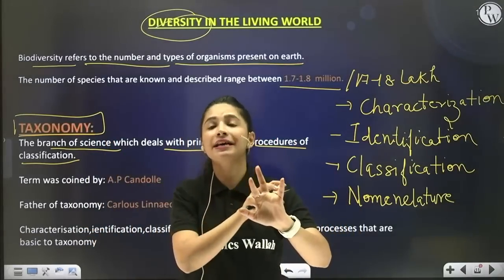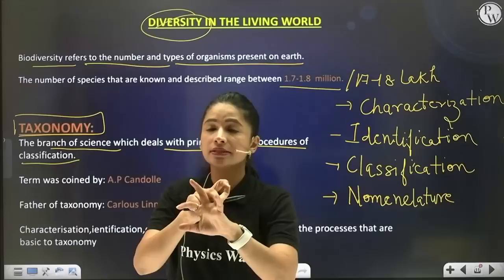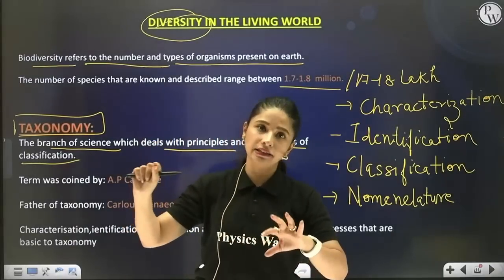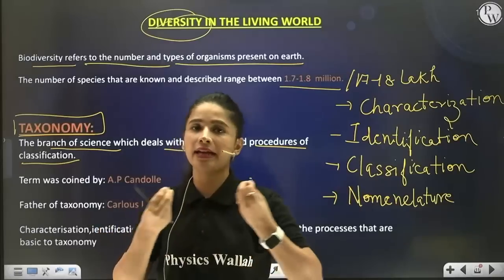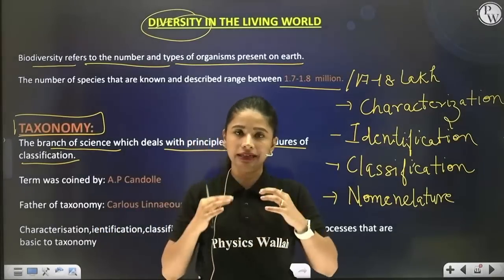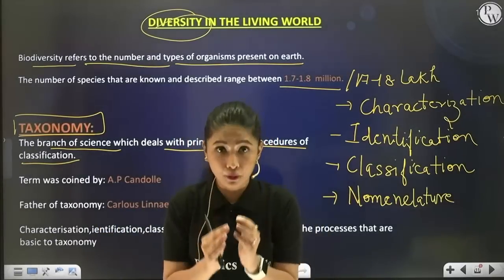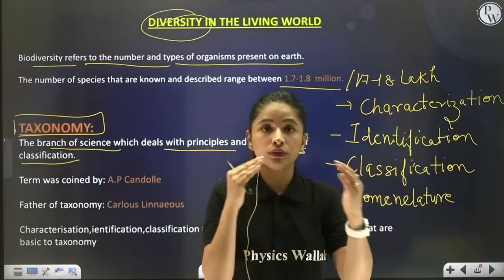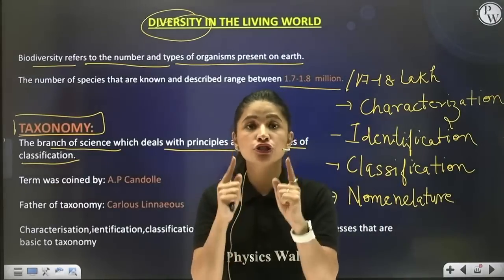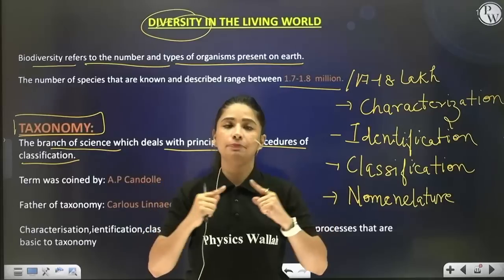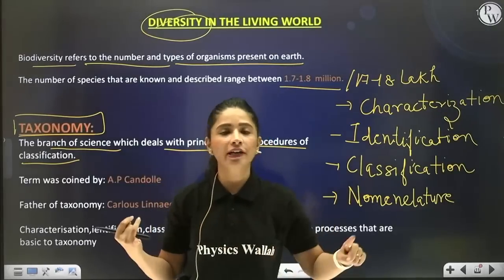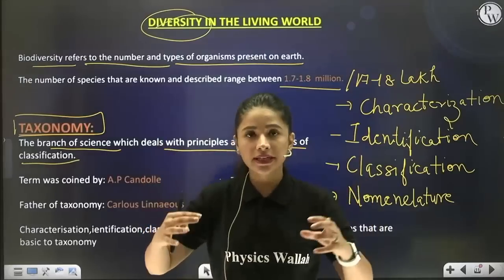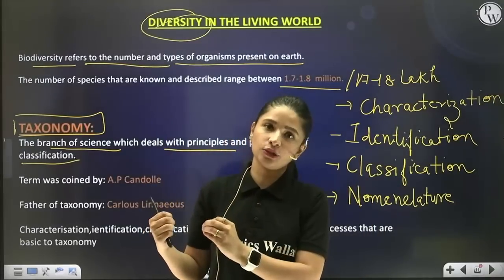Then comes classification, keeping that unknown organism into some convenient categories on the basis of similar and dissimilar features. And last but not the least is providing a proper scientific name to that organism which should be globally accepted. No local, no vernacular names are accepted. Am I clear? And all these steps together is taxonomy.